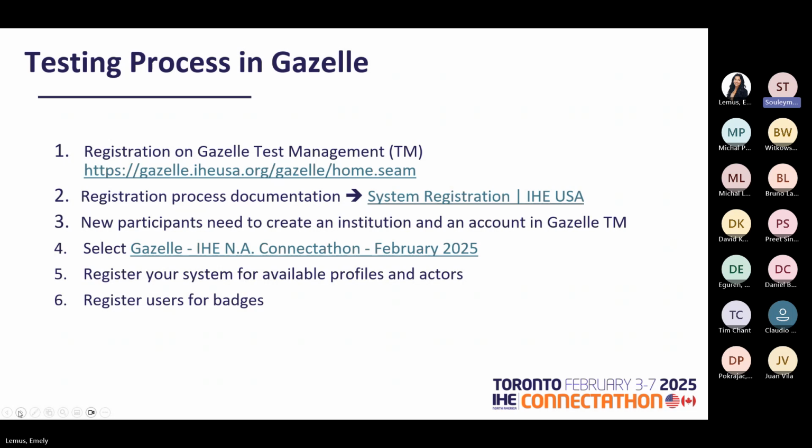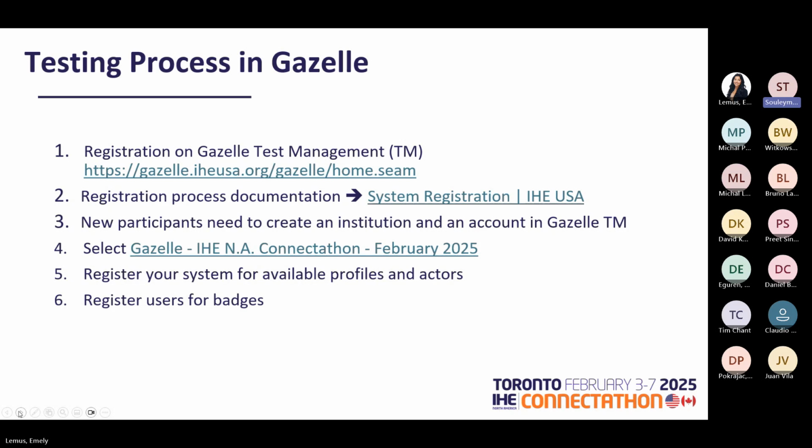If you organize an event like Projectathon or Connectathon with more than 20 systems, or 100 systems, or 15 systems, depending on the size of the event, Gazelle needs to know the name of your system, the list of the profiles you would like to test, the list of the actors, and the options you would like to test during the event. Based on this information, Gazelle will be able to provide you your possible partners and the test plan.